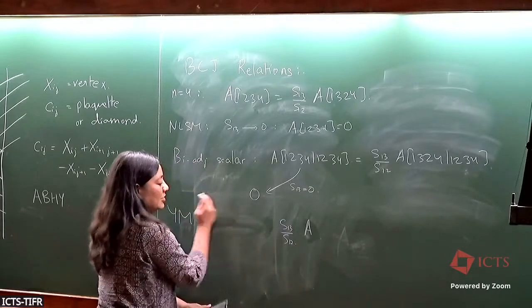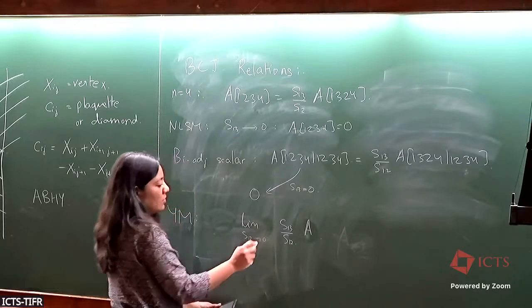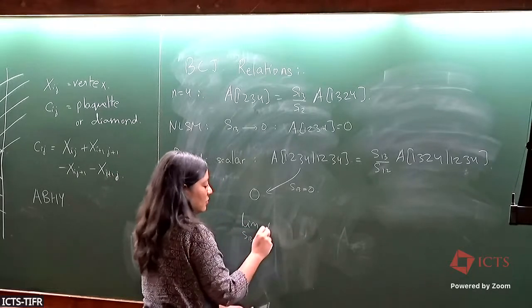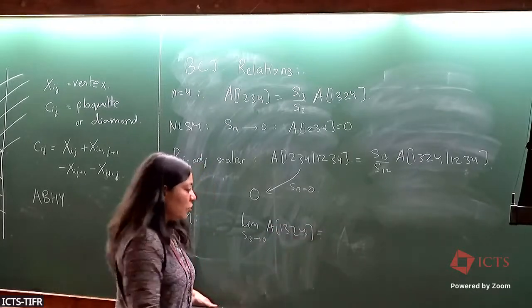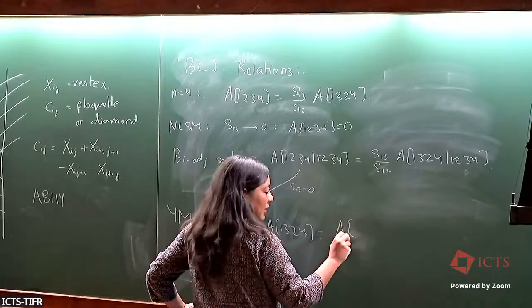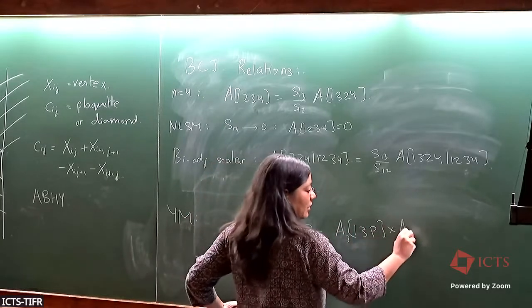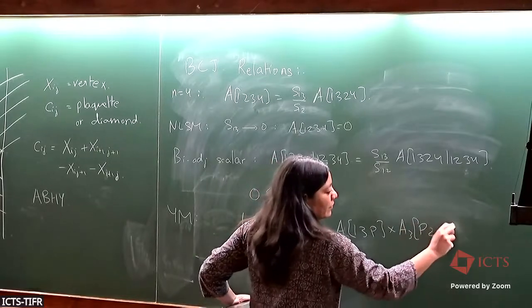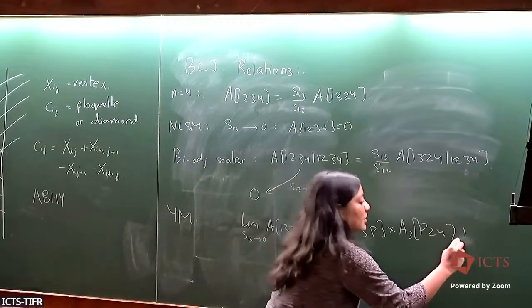Let's just look at this side: the limit S13 goes to 0 of A(1,3,2,4). You know what happens on the pole. It needs to look like A3(1,3,P) times A3(P,2,4), divided by S13.